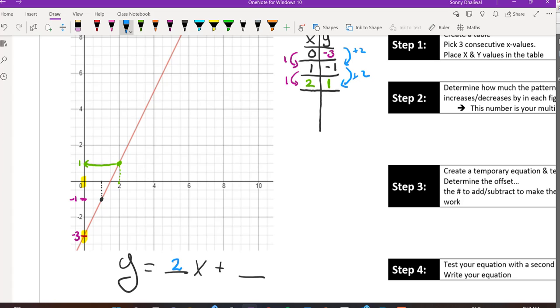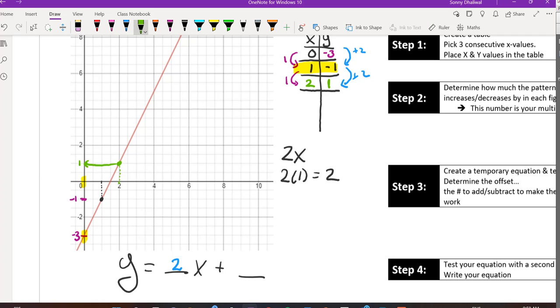Next, we need to figure out the blank. To figure out the blank, we use a test point. What test point would you like to use? Alana? Do 1. Okay, we're going to use this one. So our equation is 2x so far. I'm going to plug in the number 1. We get 2 times 1, we get 2 out.